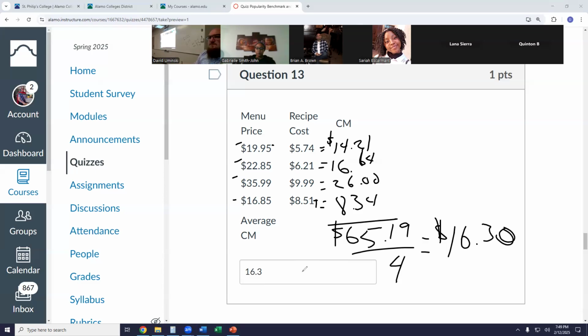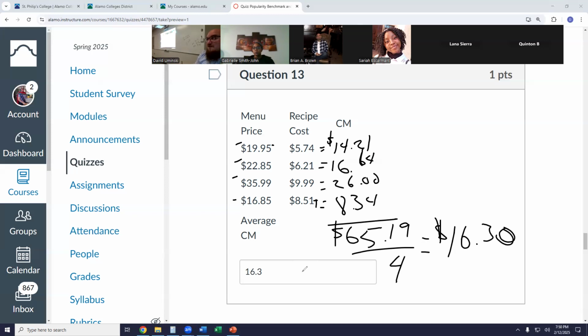Does it matter if it's 16.3 or 16.30? Canvas will only let you put in the 16.3. When you want us to round, do you want the nearest hundred?